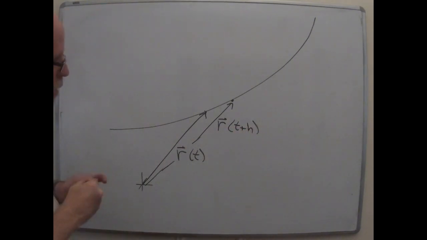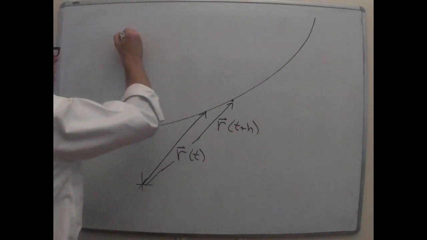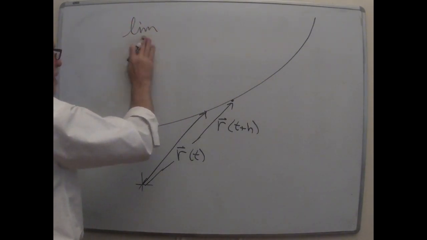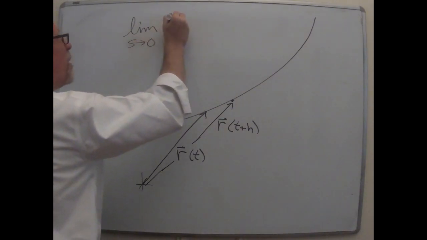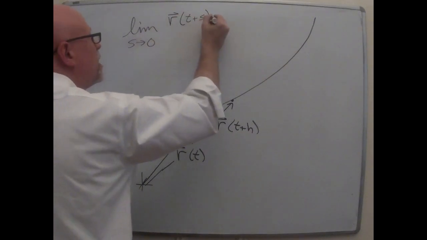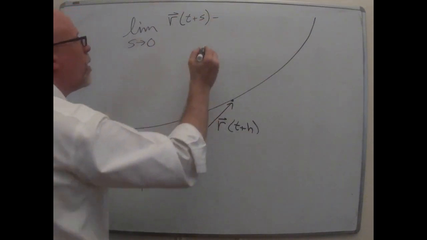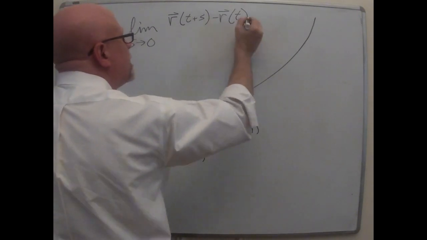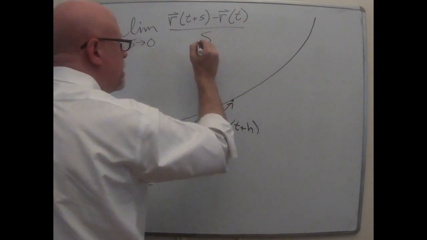Now remember how we were doing this, the limit, as s goes to 0, of r of t plus s minus r of t, all over s.